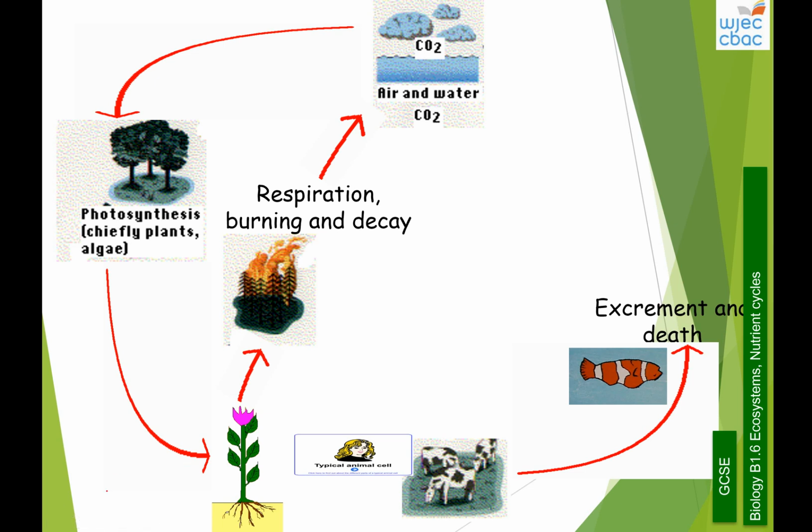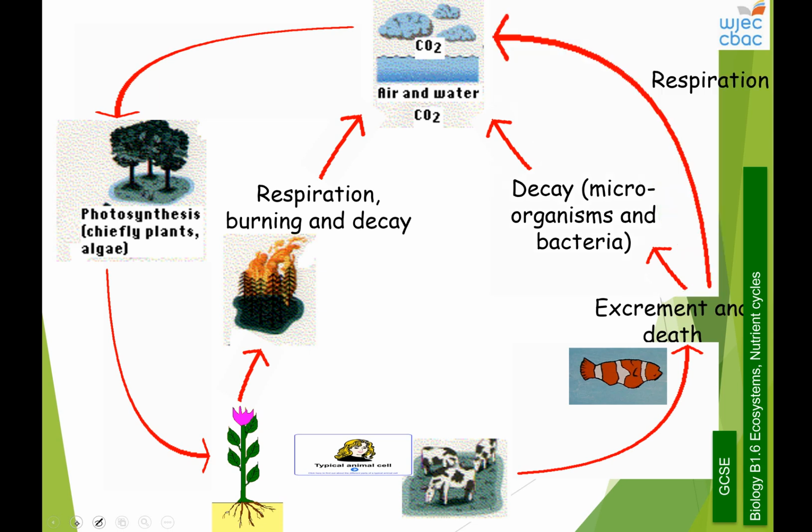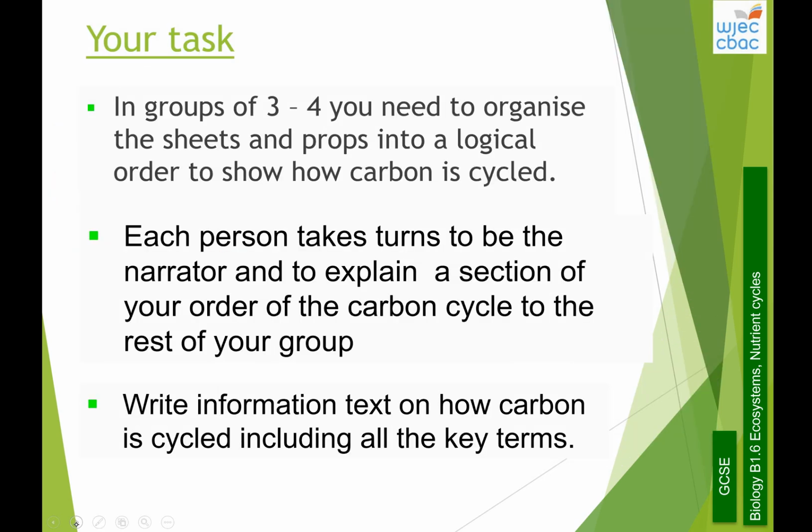We've got excrement and death, supposed to be a little dead Nemo there. Okay, decay, with microorganisms and bacteria causing this and pushing it back in. Respiration as well. And then we've got our limestone, coal and oil, and our burning of these things.